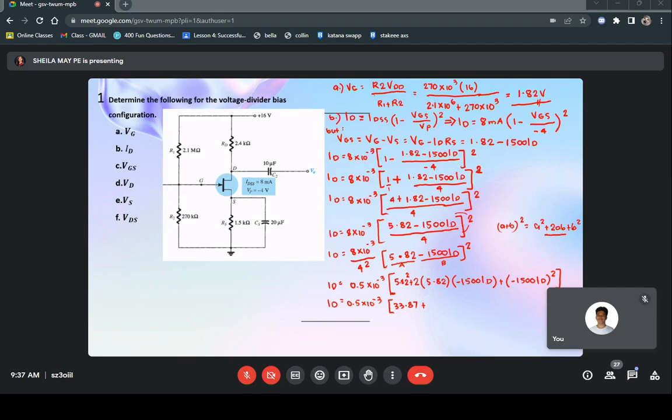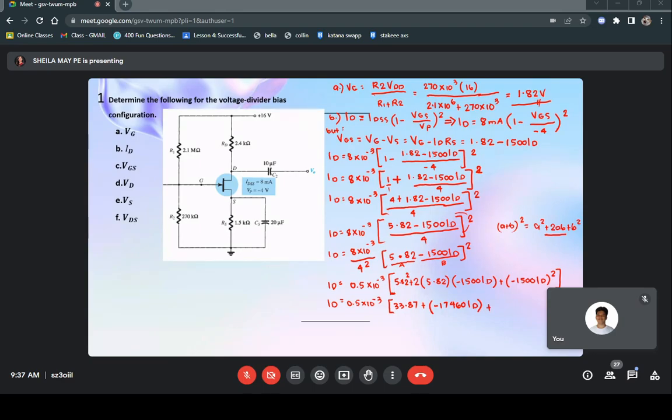I-times pag yun na to si negative 1,500, mahimo na siyang negative 17,460. Dili malimot ni ID.